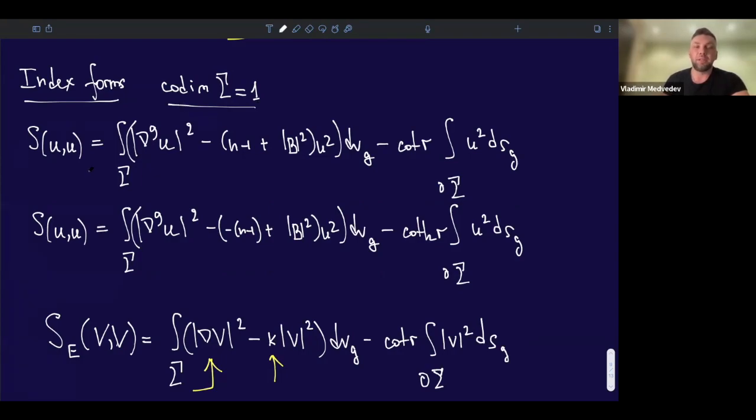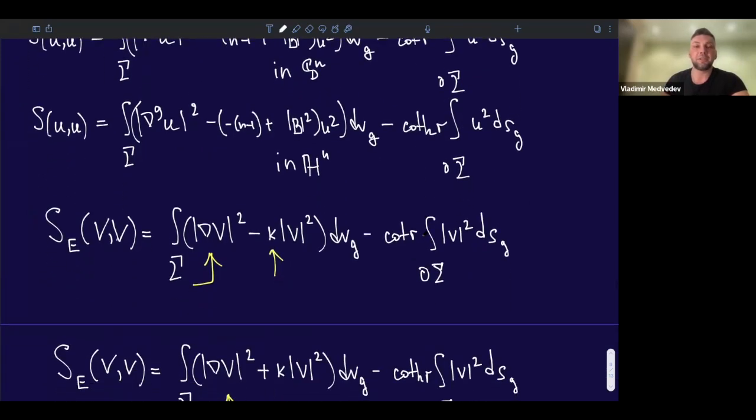You take a look at the second variation of the boundary of the volume in the case when the codimension of sigma is 1. It takes this form. In the spherical case, in Sn, in the hyperbolic case, you need to replace n-1 by minus n-1 because of the negative curvature, and the cotangent r by hyperbolic cotangent r.